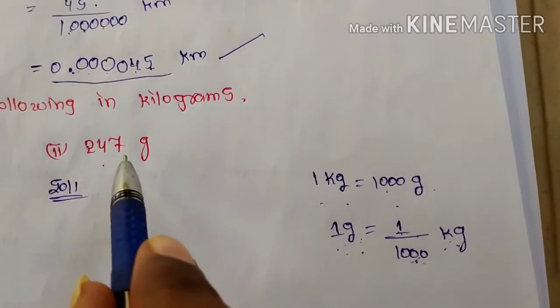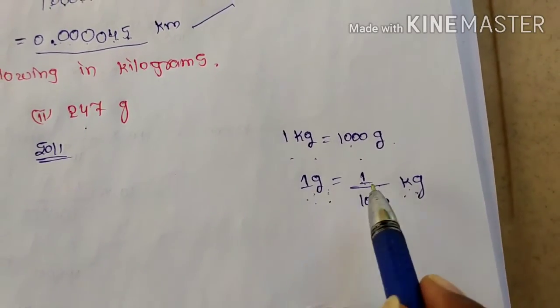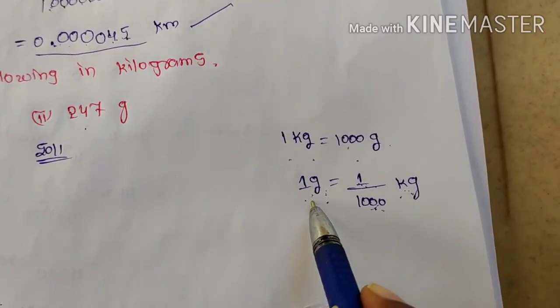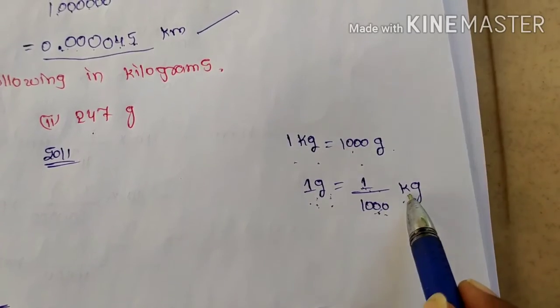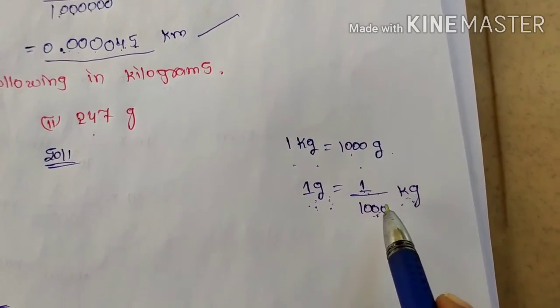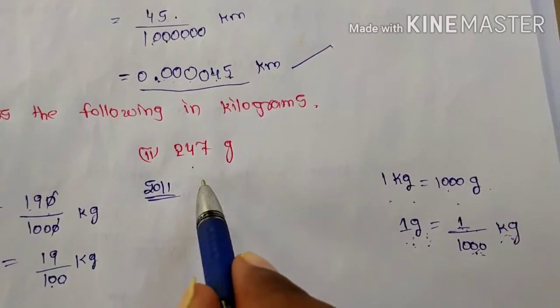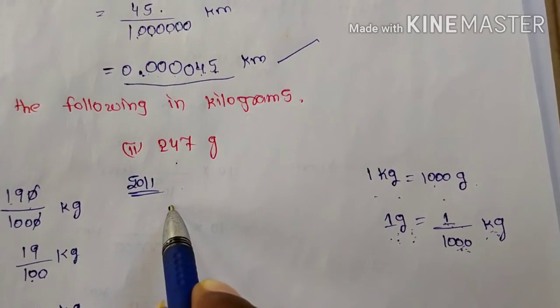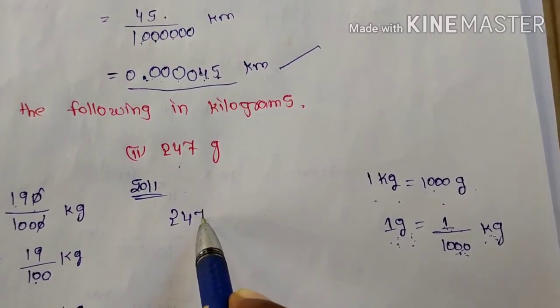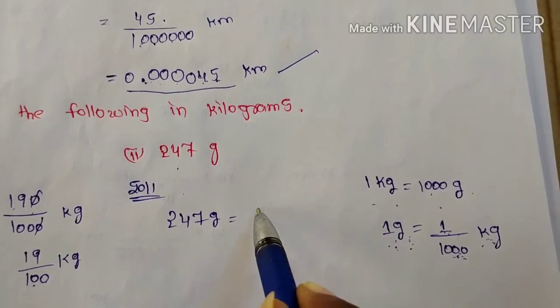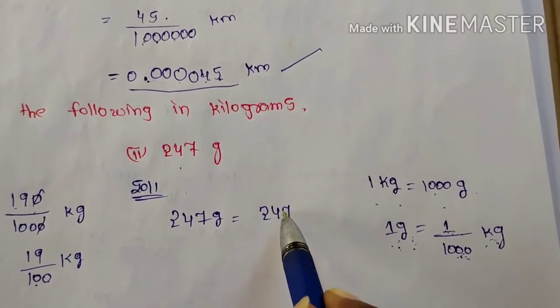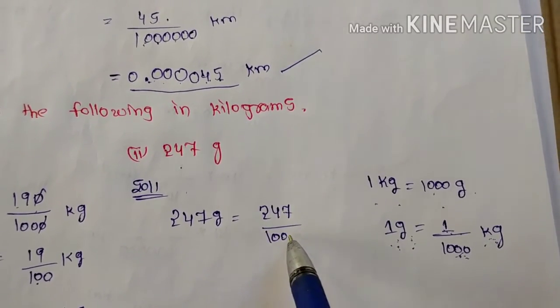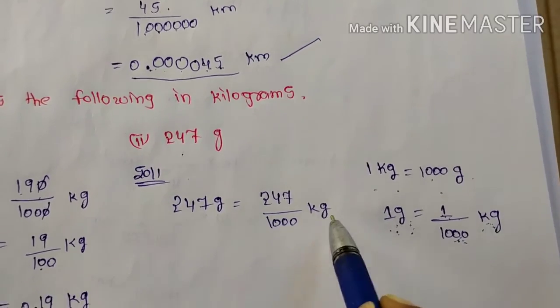See, one more here, 247 grams. 1 gram is equal to 1 by 1000 kilograms. 20 grams is equal to 20 by 1000 kilograms. 500 grams is equal to 500 by 1000 kilograms. In the similar way, 247 grams is equal to 247 by 1000 kilograms.